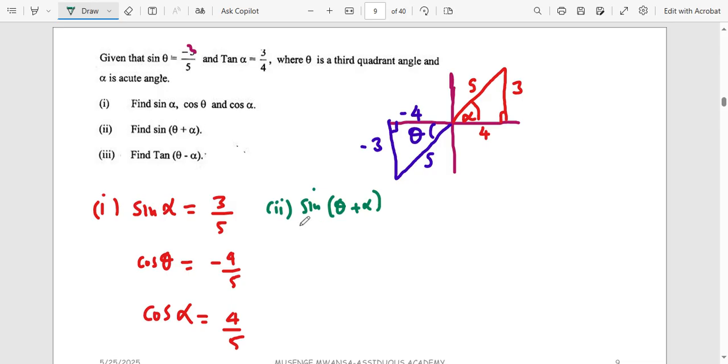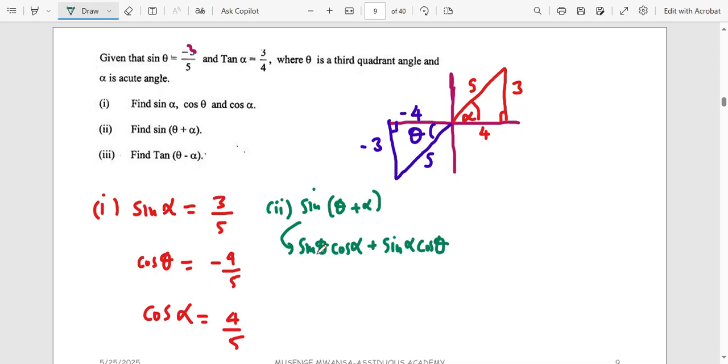So we need to know that sin of theta plus alpha means you get sin, you get a first angle, which is theta, and then you get cos, you get the second angle, which is alpha. If there is a plus here, also put a plus. If there was a minus, you also put a minus. And then you again get sin, but for the second time, you get the second angle. Again get cos, but now get the first angle. Okay, so that's the meaning of sin alpha plus theta, or sin theta plus alpha. It means sin theta cos alpha plus sin alpha cos theta.